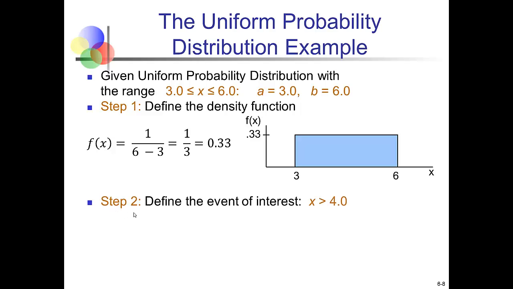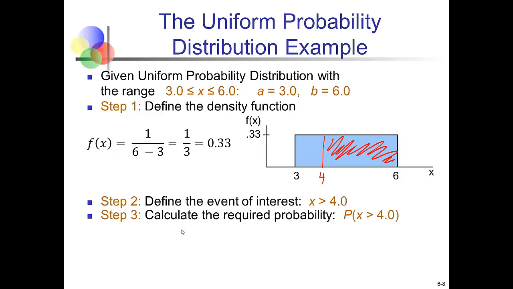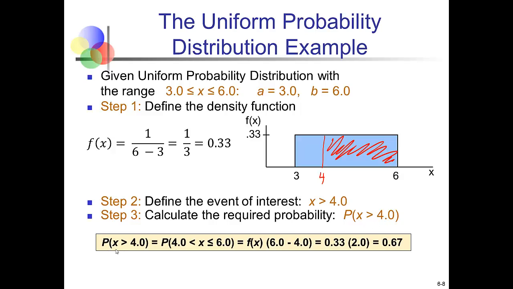So step 2 is to define the event of interest. Suppose we're interested in finding out the probability of selling more than 4 yards of fabric. So pretend that this mark here represents 4. We're interested in finding this probability. Calculate the required probability. So we want to know the probability of x being greater than 4. To find the probability of x being greater than 4 is really to find the probability of being between 4 and 6.